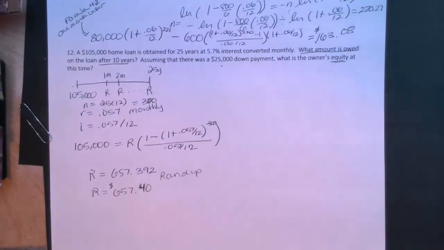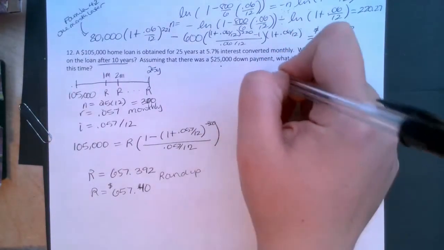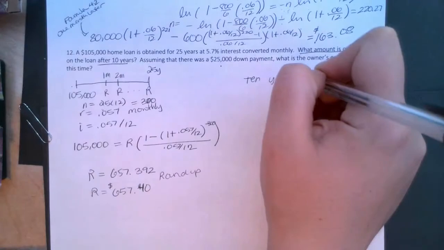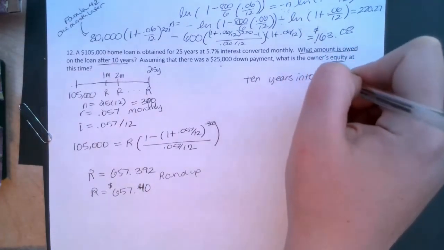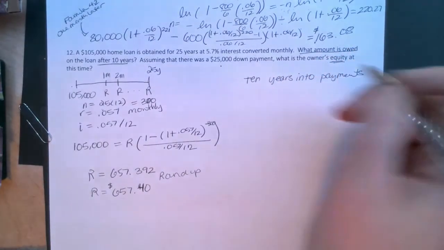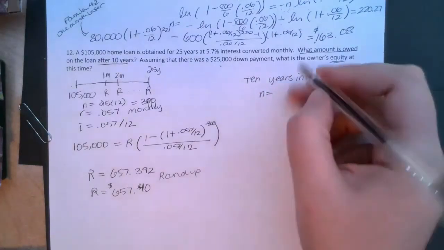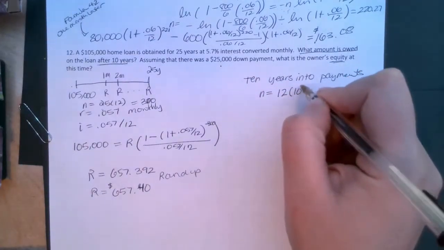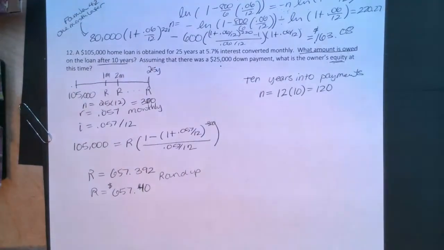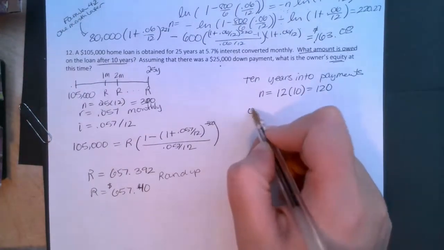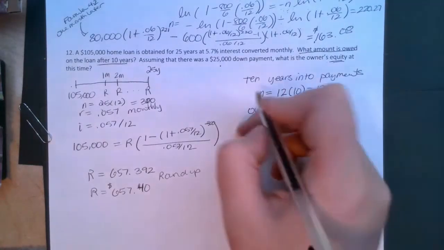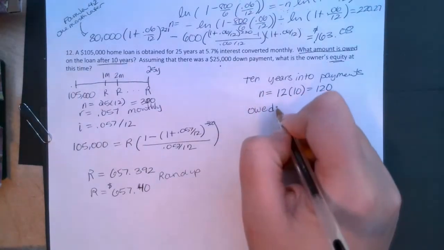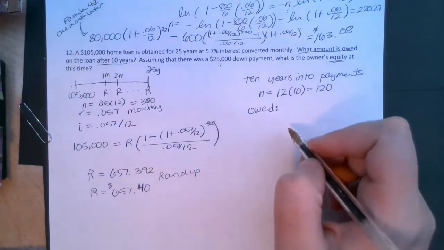Okay, in 10 years. So we're going to assume 10 full years. That means n is going to be 12 payments a year times 10 years, so 120. So then we're going to figure out how much we still owe, or that amount owed is going to be, again, the leftover formula.